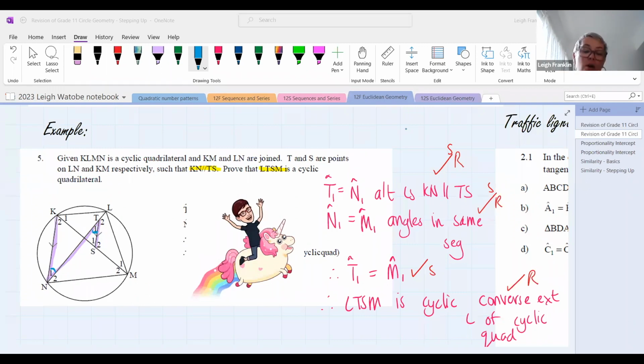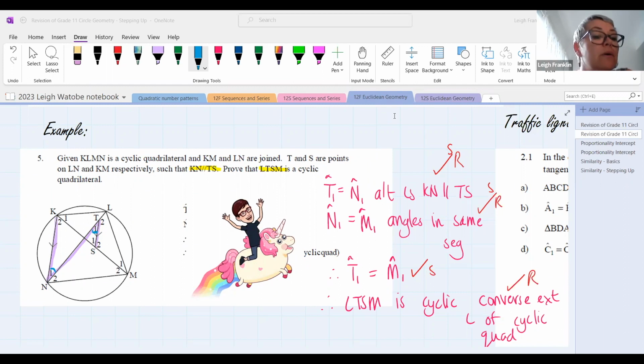Yes, Lusanda, go for it. Ma'am, since ma'am said angle N1 is equal to angle M1 and its angles are in the same segment, right? So meaning K1 can be equal to T... which angle at T?